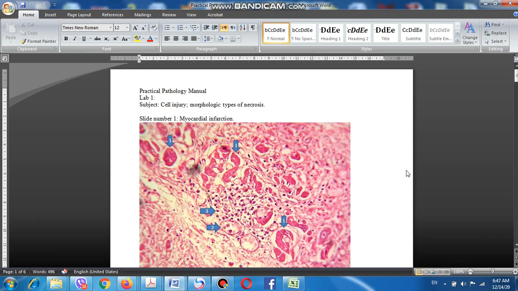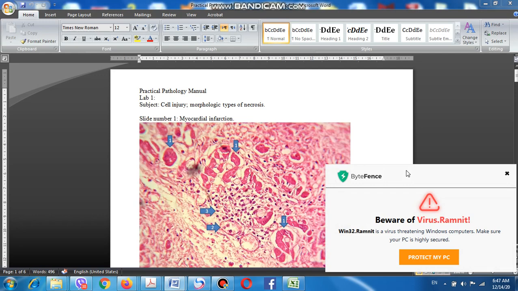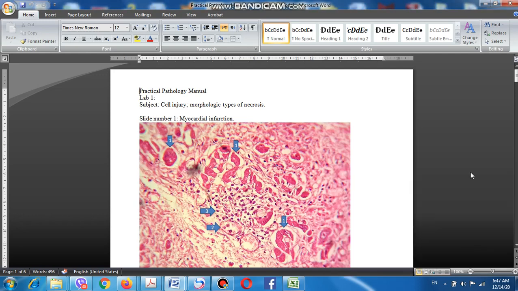The first type of necrosis is coagulative necrosis. When we say coagulative, we mean there is coagulation of proteins, in another term denaturation of proteins.